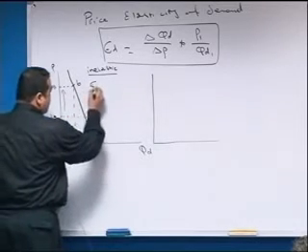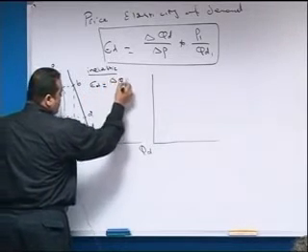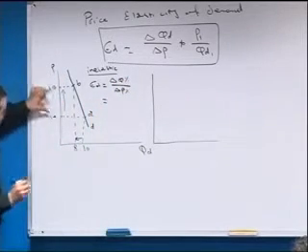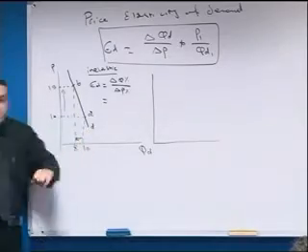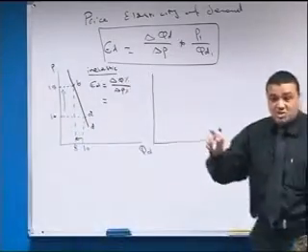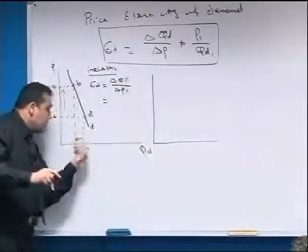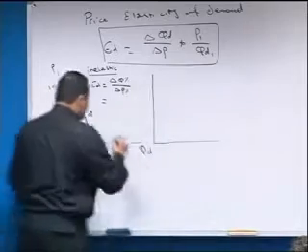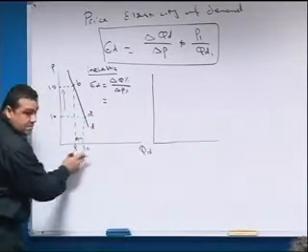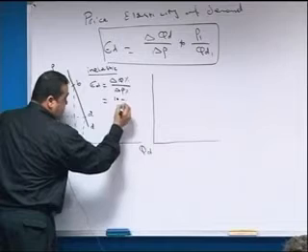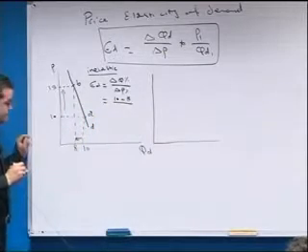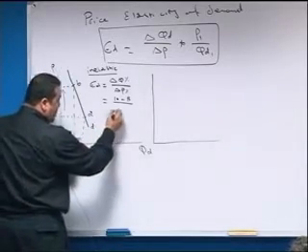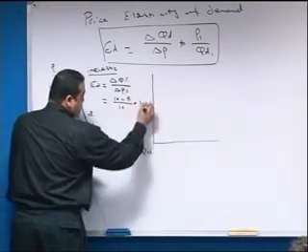So ED equals delta Q percentage over delta P percentage. The percentage change in the quantity demanded is how much? 20%, right? 20% equals delta QD, 10 minus 8 over 10 times 100%.